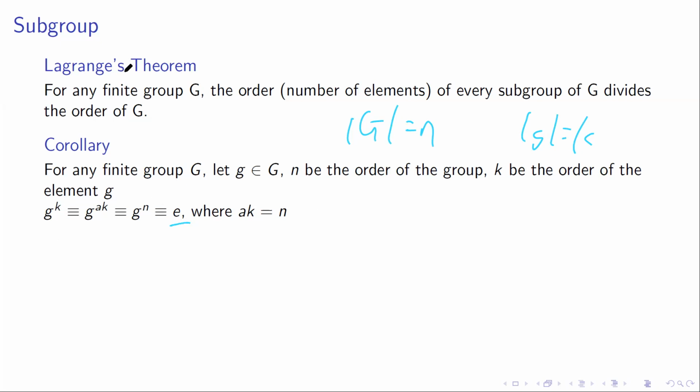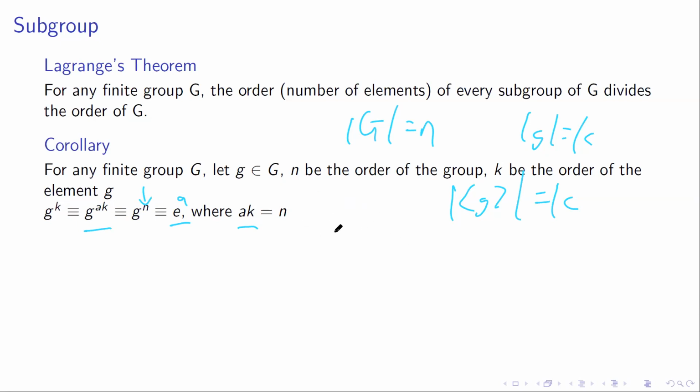Since Lagrange theorem is true, this k can divide n, because k is basically the order of a subgroup. So there exists another integer a such that a times k is equal to n. I can raise this to a, and then I get g raised to the power of a times k, and a times k is basically just n. So g raised to the power of n is equal to e.